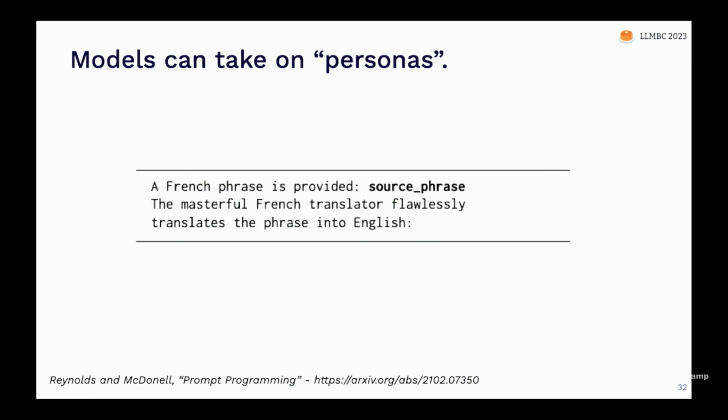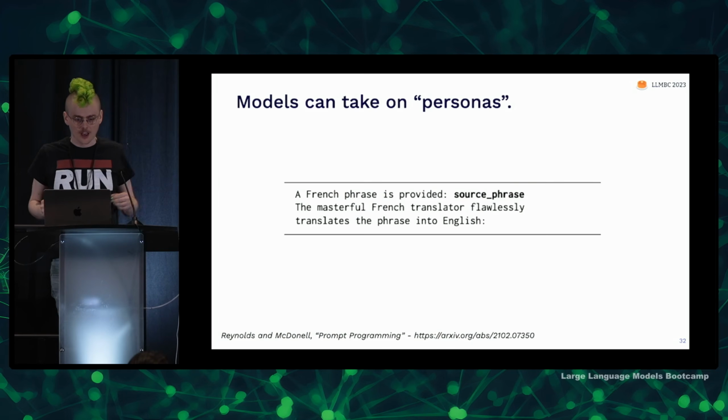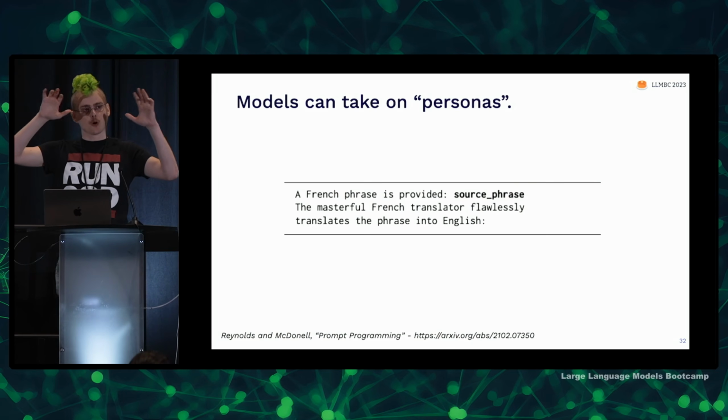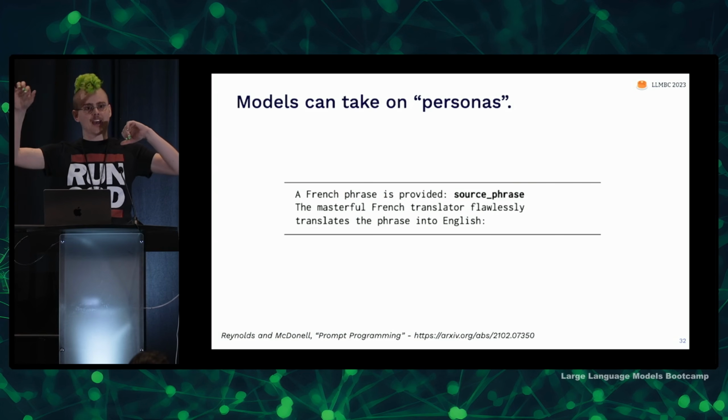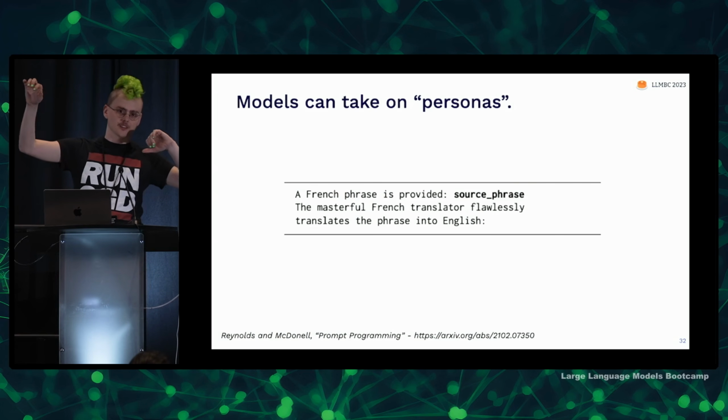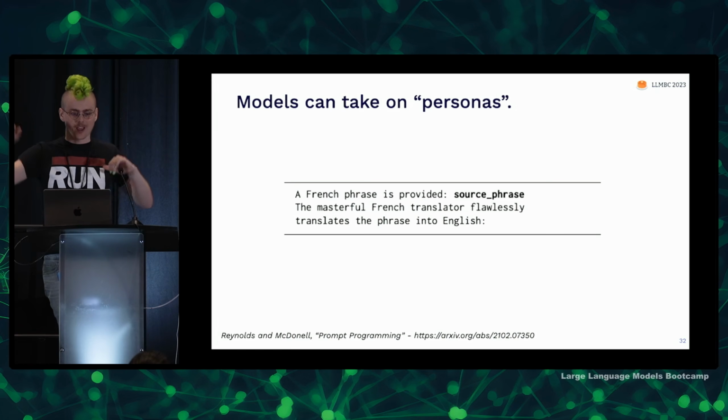Even the earliest large language models, like the original GPT-3, can take on personas. This example comes from the Reynolds and McDonald prompt programming paper. Rather than saying English sentence, French sentence, English sentence, French sentence to show the model how you want it to do translation, you can put the model into a situation where it has to produce the utterance that a particular persona would create.